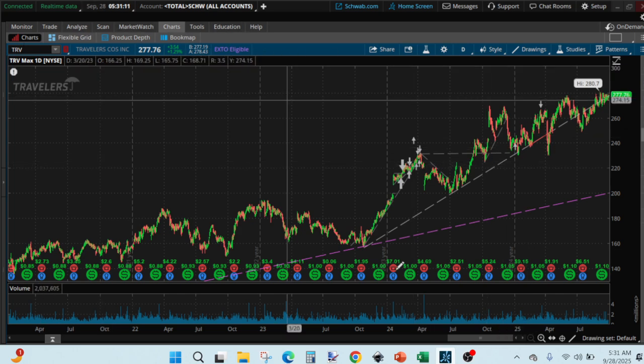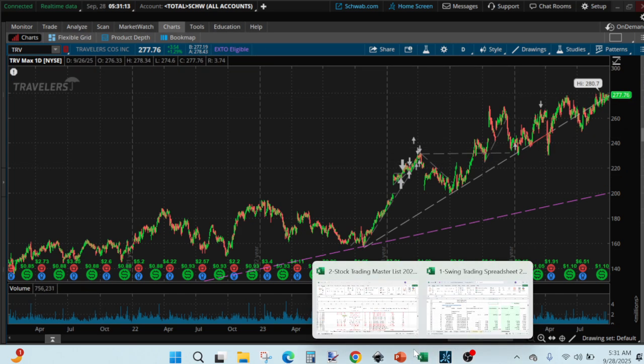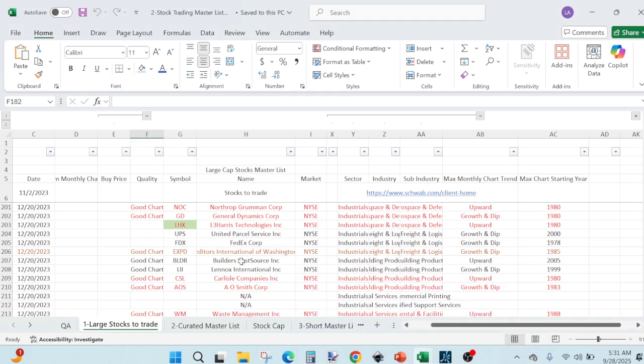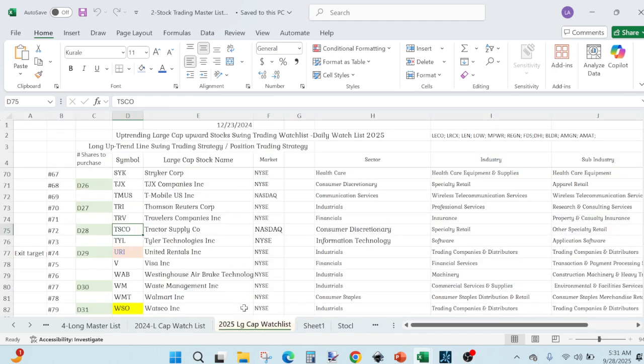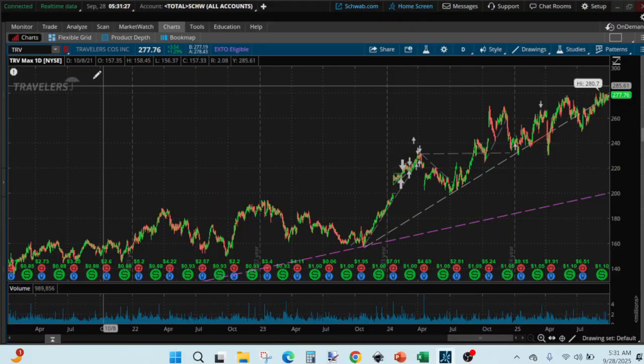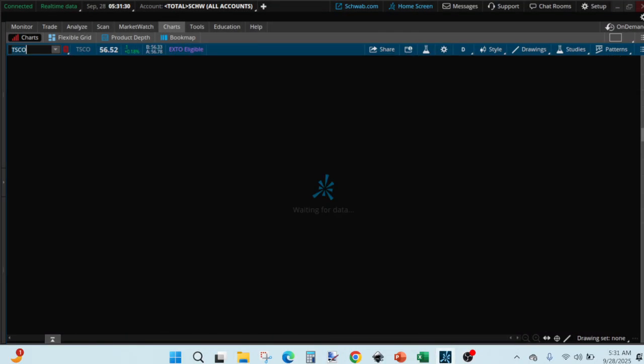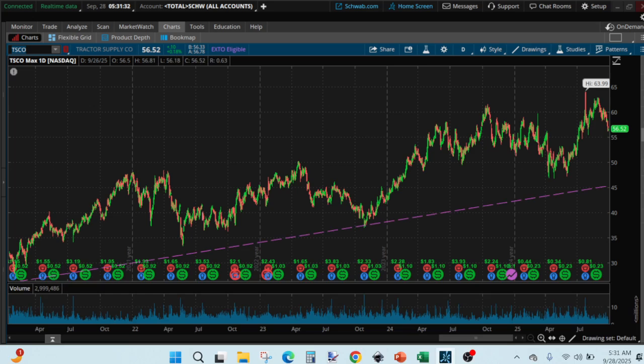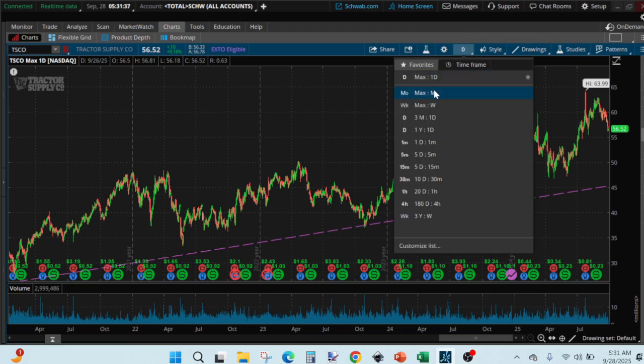Today we are going to use the example of TSCO. For TSCO, you will go to the maximum monthly chart to start.